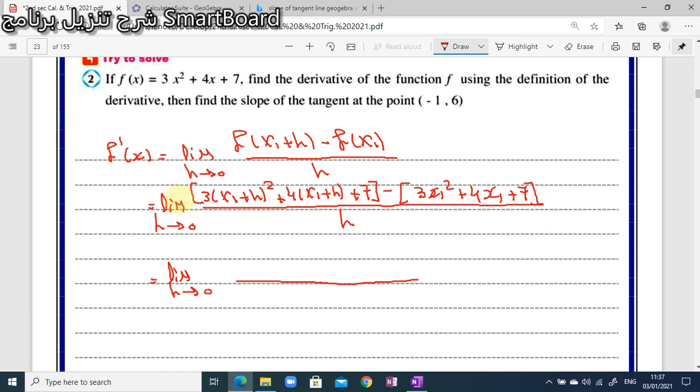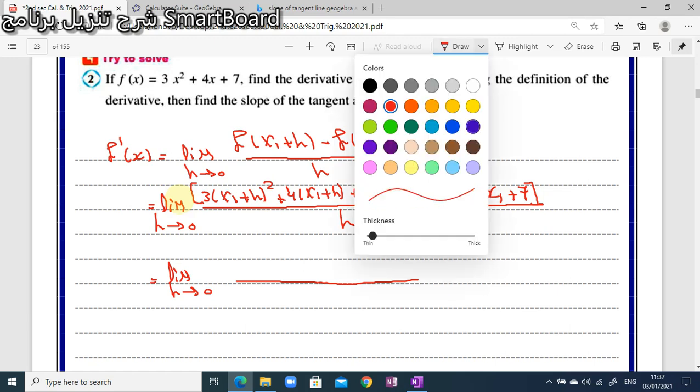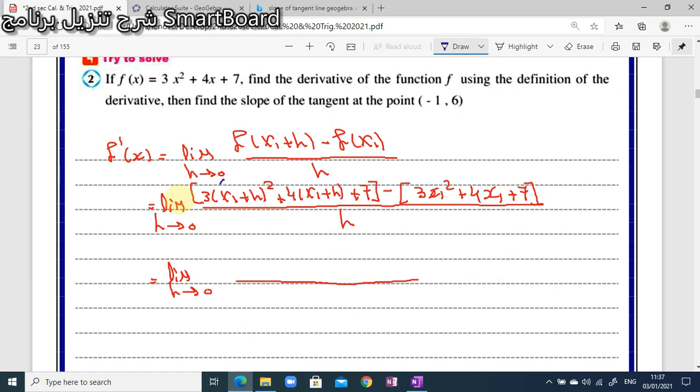So x1 power 2 plus 2x1h plus h power 2, all times 3, so it will be 3x1 power 2 plus 6x1 times h plus 3h power 2 plus 4x1 plus 4h plus 7, minus 3x1 power 2 minus 4x1 minus 7.